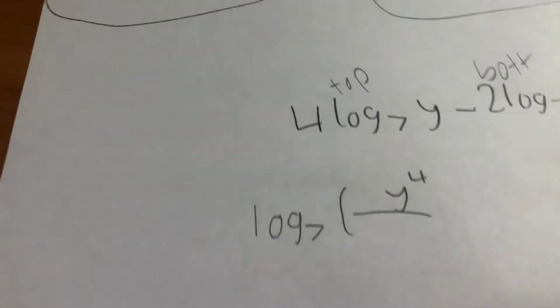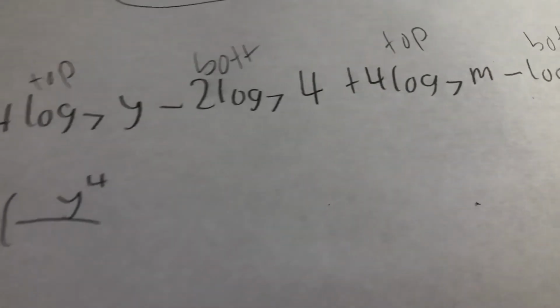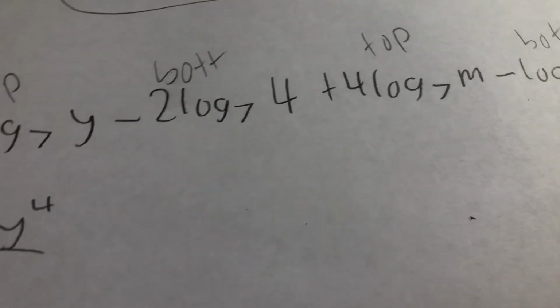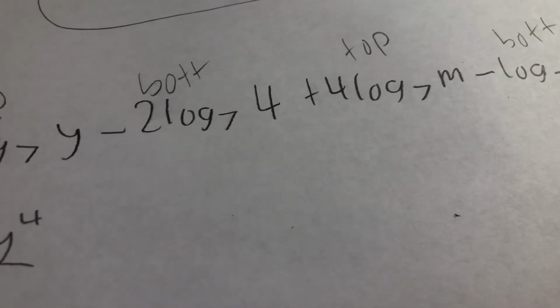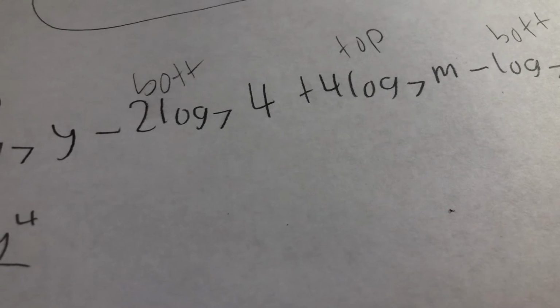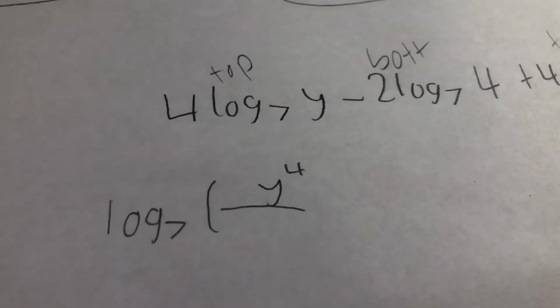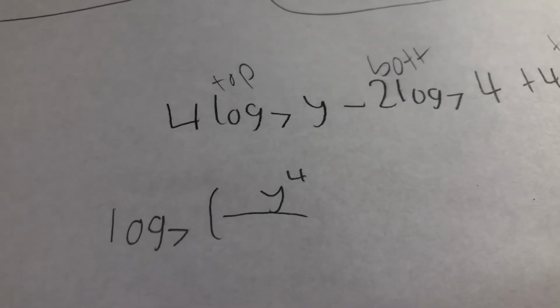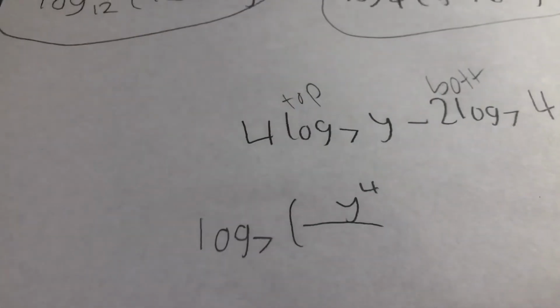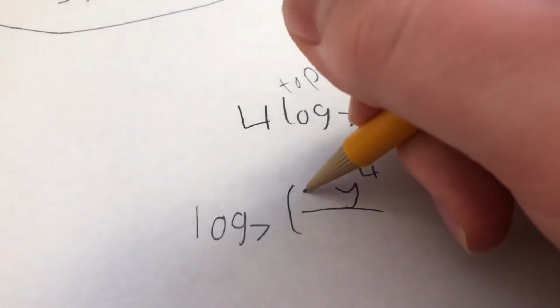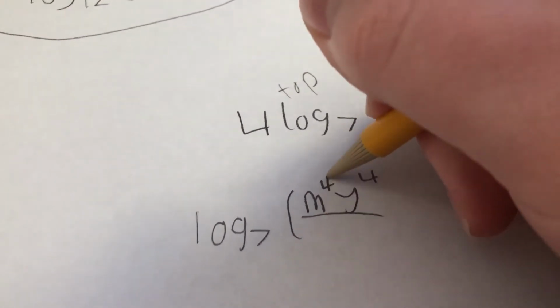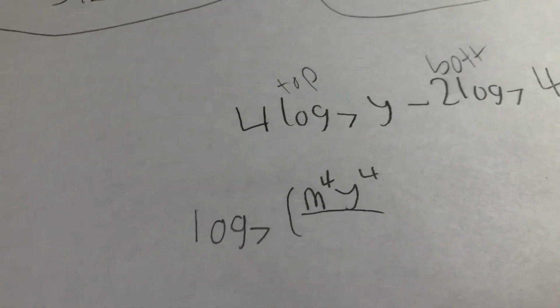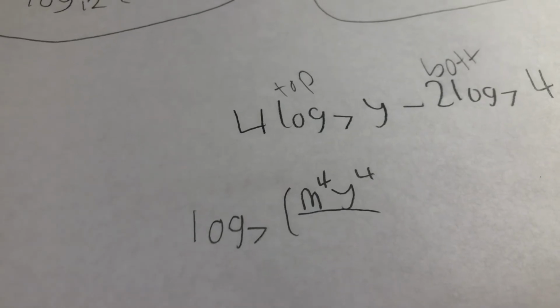To make our lives a little easier, we're going to go right to the second top, which is 4 with the common log, and then the base of 7, and then m. Now, we need to have our answer in alphabetical order. That is very, very important. So the m, of course, goes before the y. And it is to the 4th again.